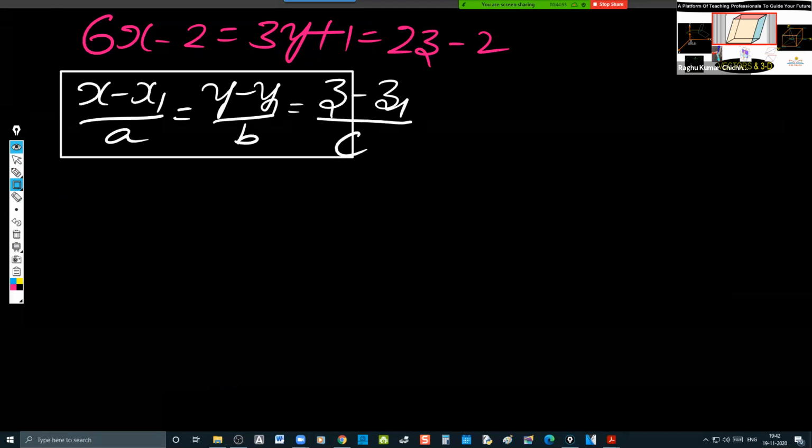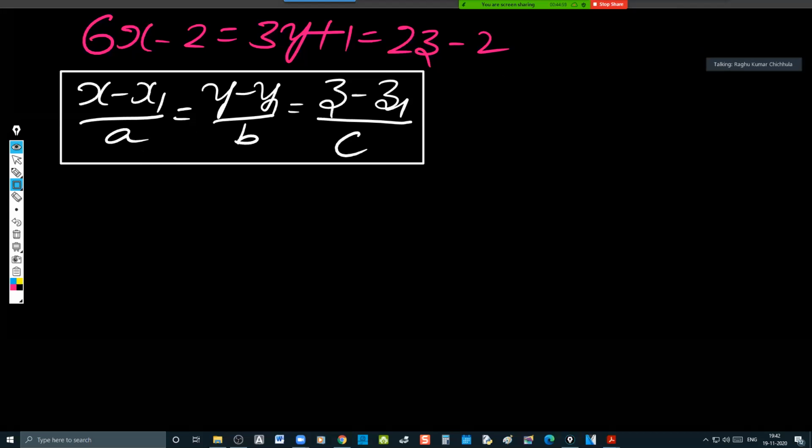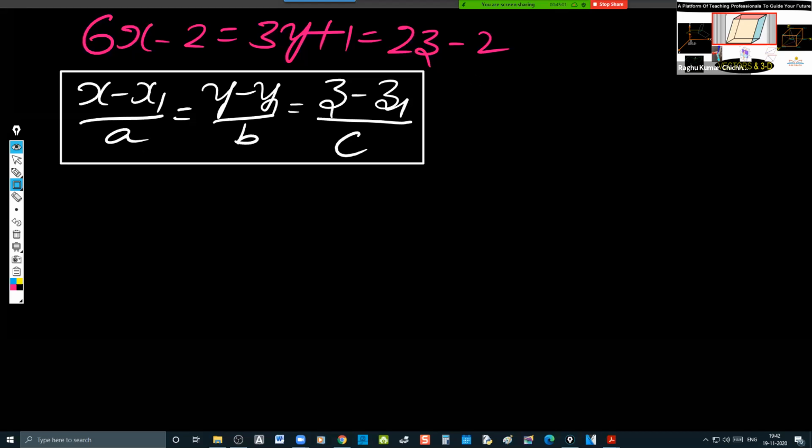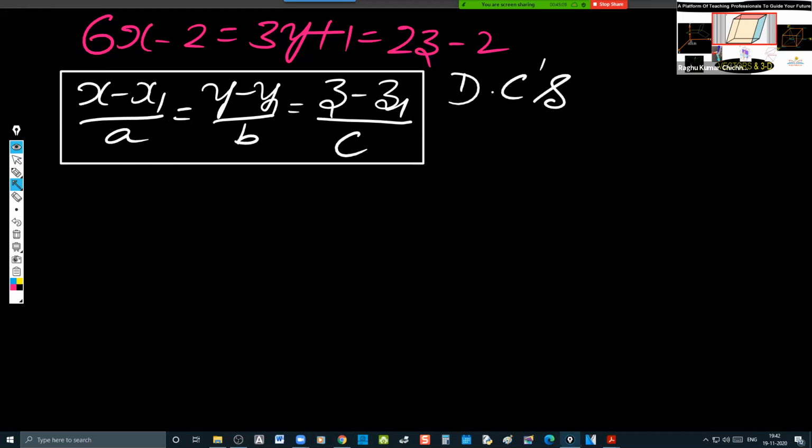Pranit, this is the symmetric form. Correct. Now, he is asking for the DCs of this line. Okay, sir. a, b, c are the DCs, so you have to find out a, b, c in that case.